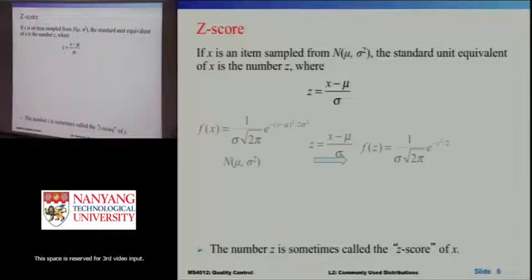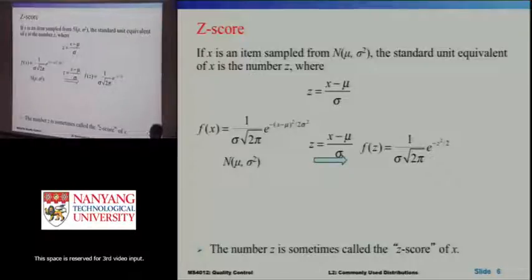We can see originally the probability density function is this one. If we plug in z equals x minus mu divided by sigma, that means x minus mu equals z times sigma, right? We plug in x minus mu equals z times sigma here.